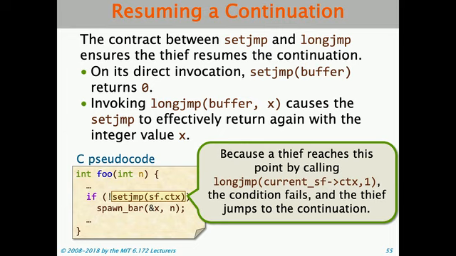And now the predicate gets evaluated. So if not 1, which would be false, well, don't do the consequent, because the predicate was false. And that means it's going to skip the call to spawn bar, and it'll just fall through and execute the stuff right after that conditional, which happens to be the continuation of the spawn.